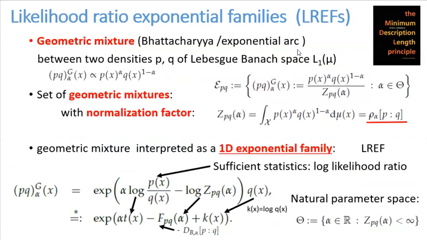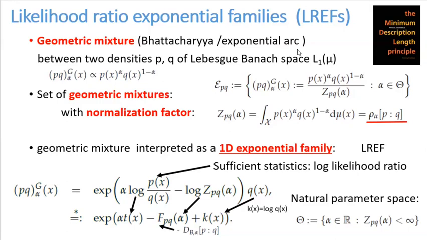Okay. So why is it important? If I take two densities P and Q, I can make the geometric mixture, P^alpha Q^(1-alpha). Okay, so this is the geometric mixture. And I can build an exponential family, which is a one parameter scalar exponential family.